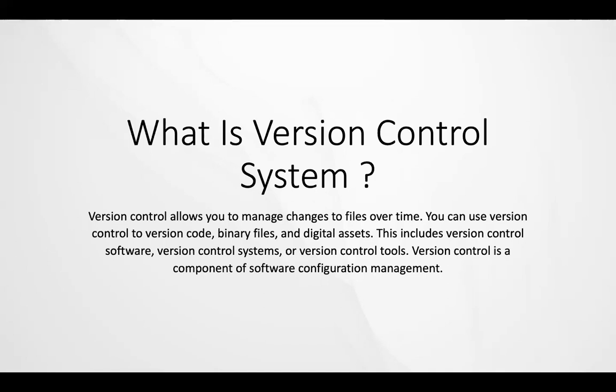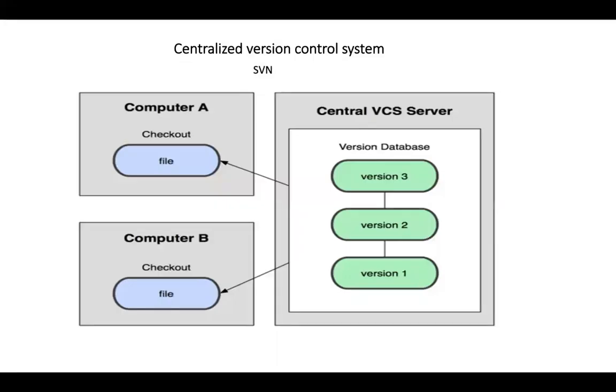There are two types of version control available in the market. First is centralized version control system. This type of version control system came to the market in the initial days. An example of centralized version control system is SVN.